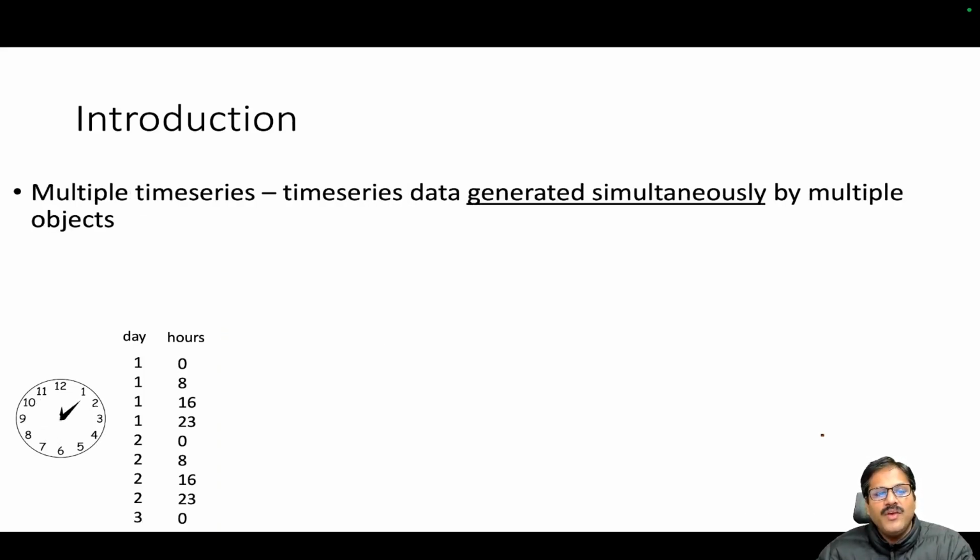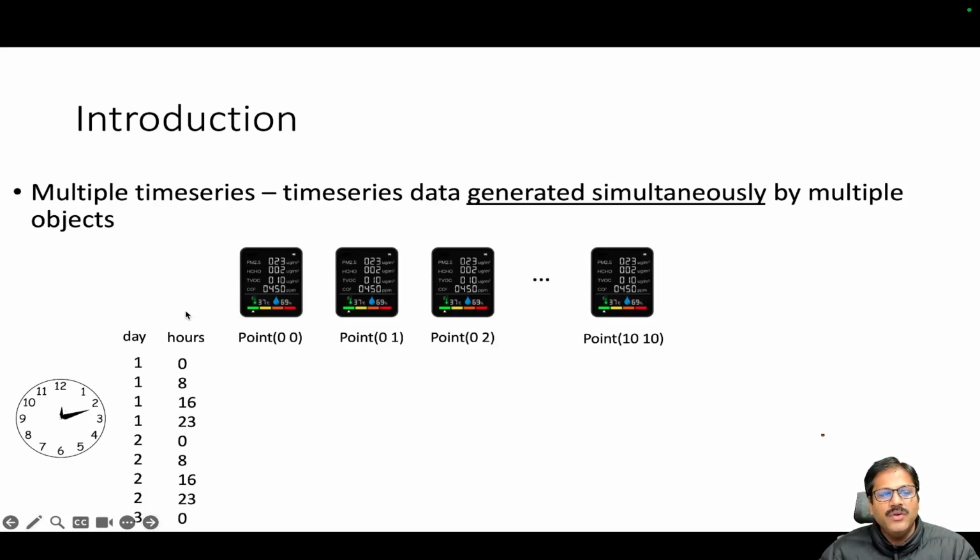Now when we talk about multiple time series, we are talking about time series data generated by multiple objects simultaneously. So assume we are having the time, that is day and hours. Now for this data we have multiple sensors that are recording various levels of PM 2.5 values.